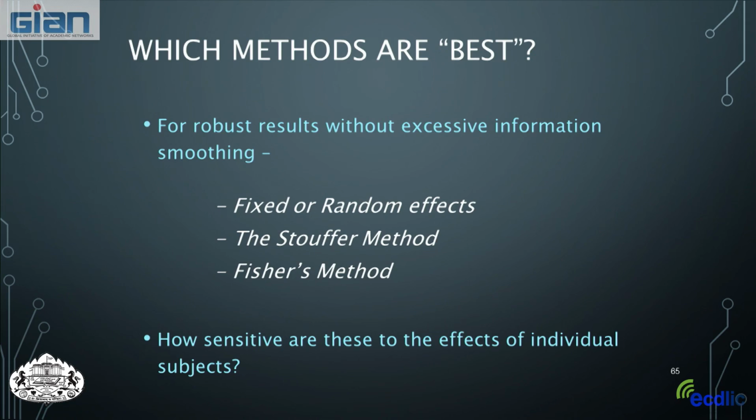So a colleague of mine and I looked at this question, and we asked which methods are best for combining these. So how sensitive are these group maps to the effects of individual subjects? Okay, so what technique is the best technique to use?